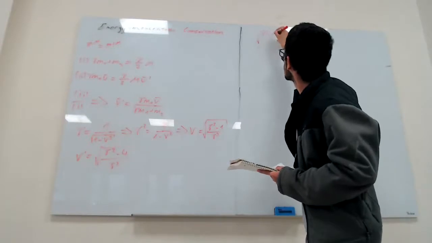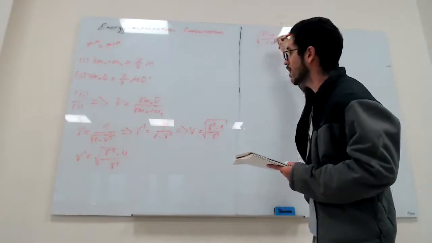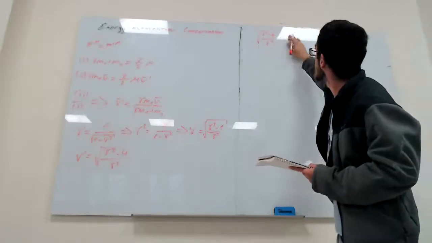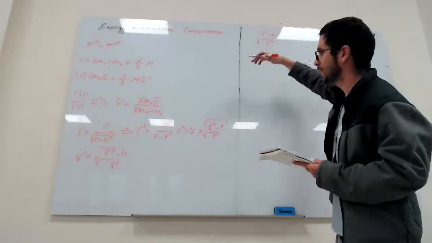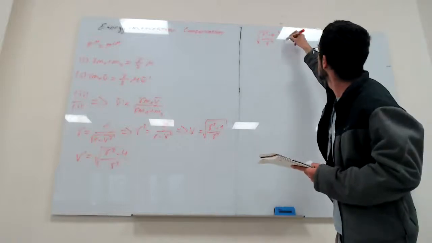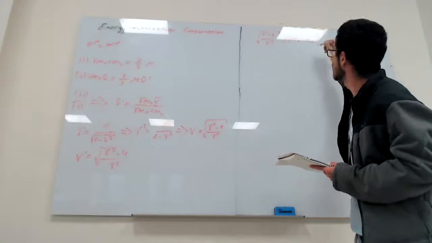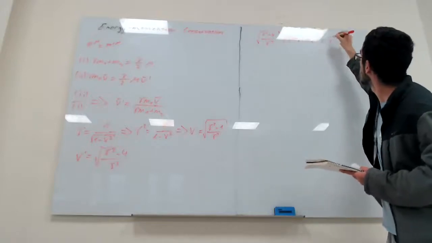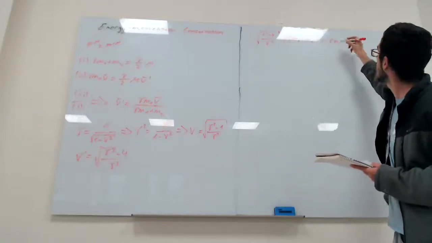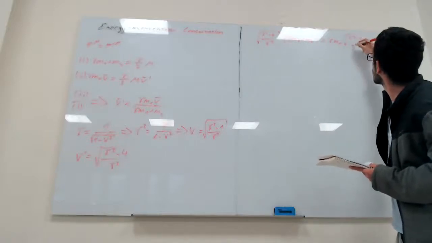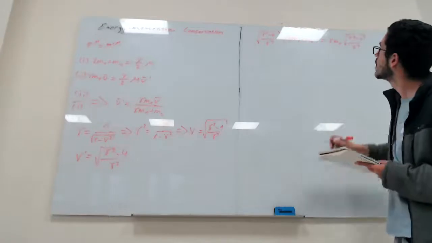Gamma squared minus 4 over gamma squared equals... okay, let's multiply by the denominator: gamma m1 plus m2 equals gamma m1 times gamma squared minus 1 over gamma.